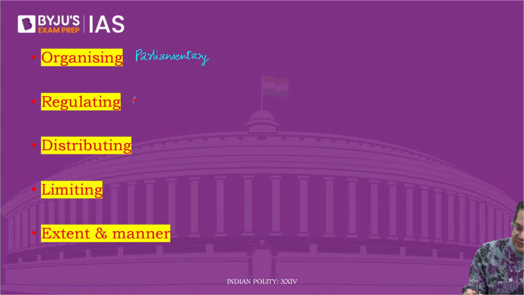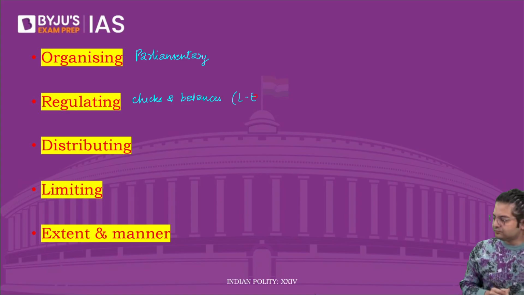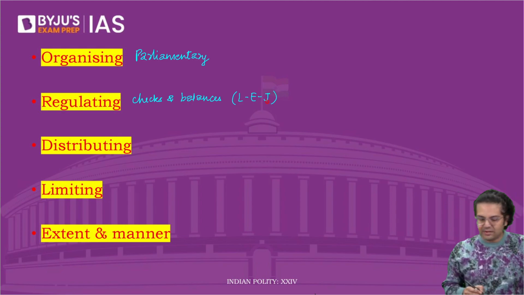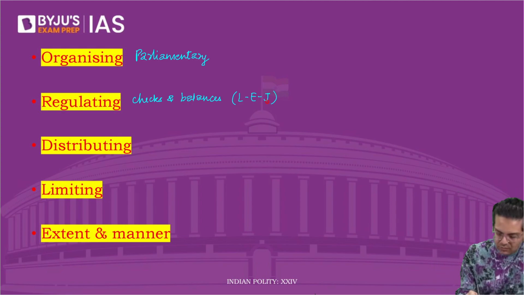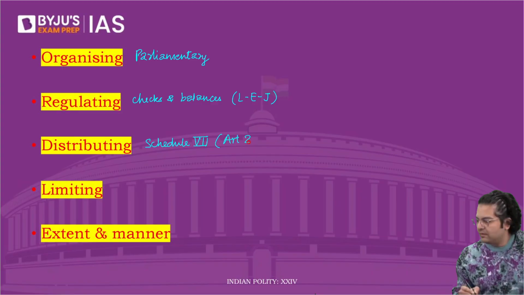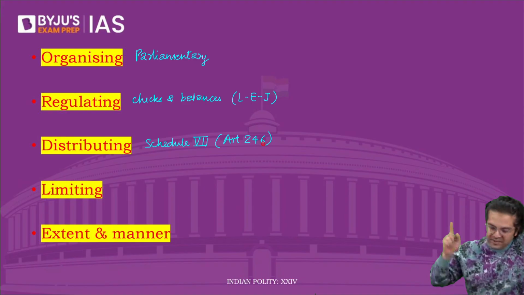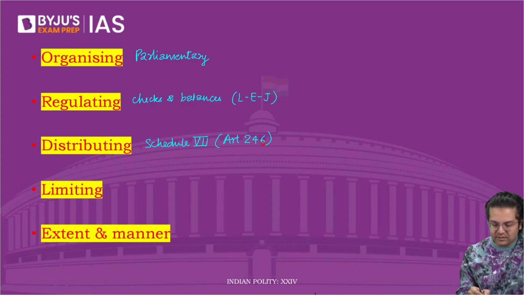Then regulating. Don't we have the system of checks and balances? L E J. Right? Distributing. What is distributing? Schedule 7, Article 246. Don't we have the division of power into lists? Limiting. What is the limitation on the government? Tell me.